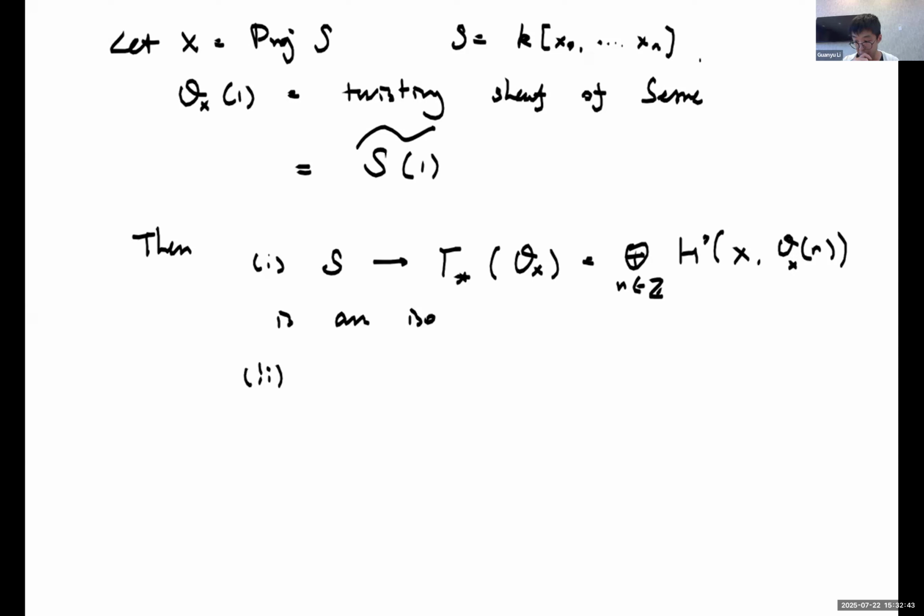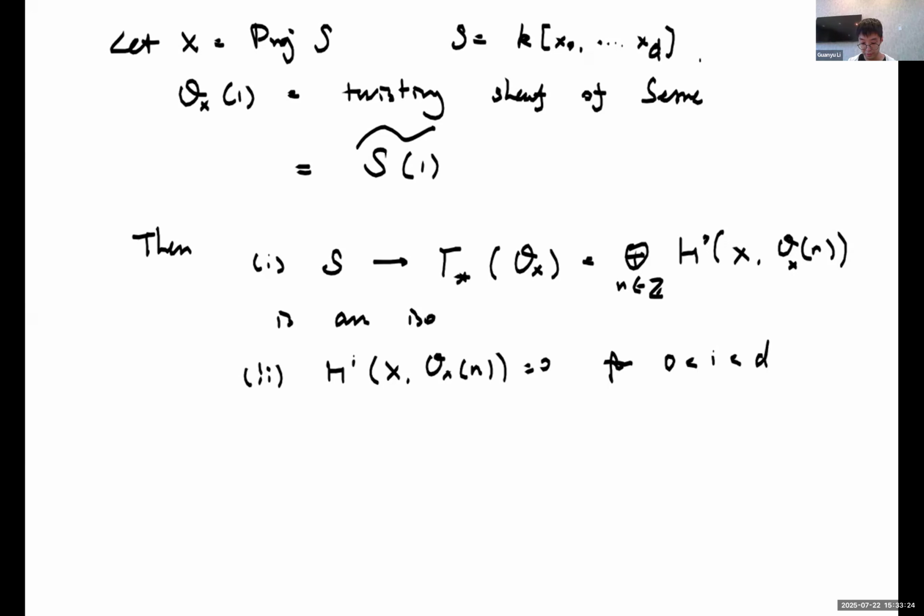The second one is we know the cohomology of this kind of twisting sheaves. This is 0 for, wait, I'm making a mistake. Okay, let me say d is different from n because I also have n here. i is less than d, bigger than 0.